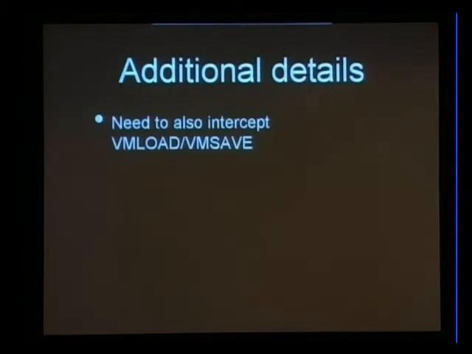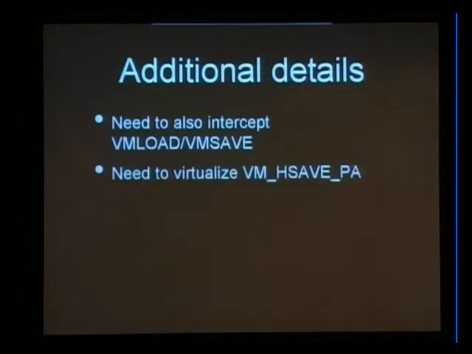VMLOAD and VMSAVE also have to be intercepted, because they address the nested VM control blocks. We have to modify them correctly so that the guest will get the valid information. The guest hypervisor will get the real information from them later.